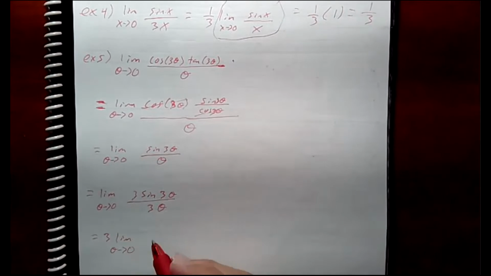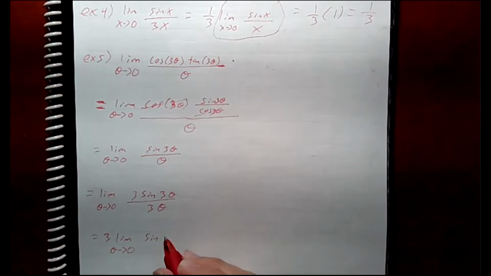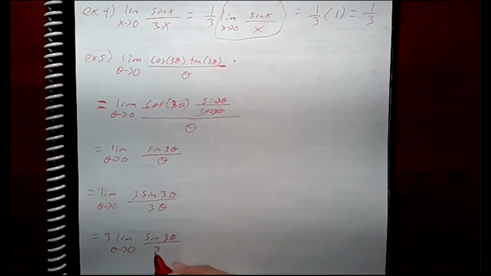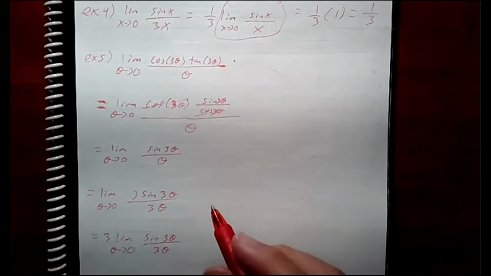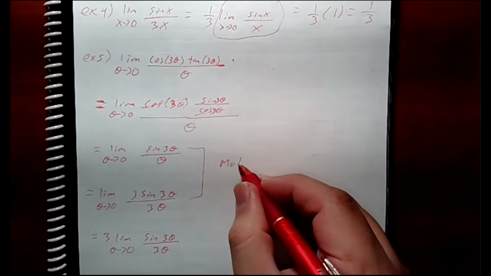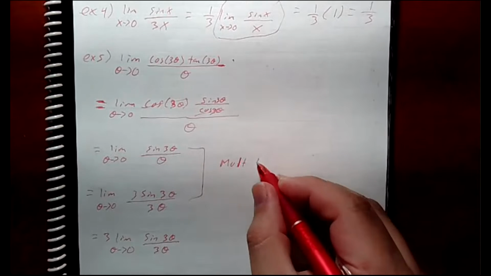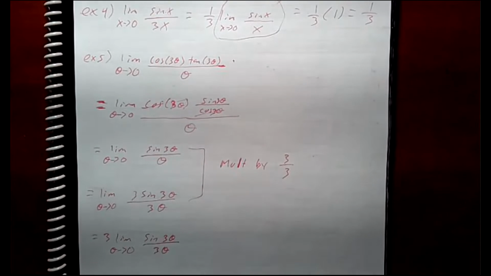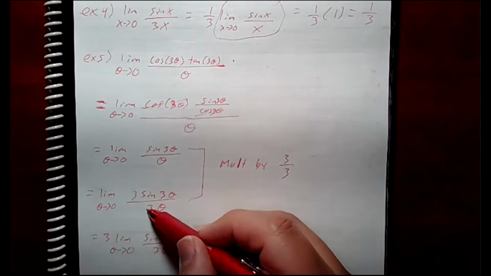Wait, how did you get the 3? I multiply the top and bottom by 3/3. So from here to here, multiply by 3/3. That's why I got these two.